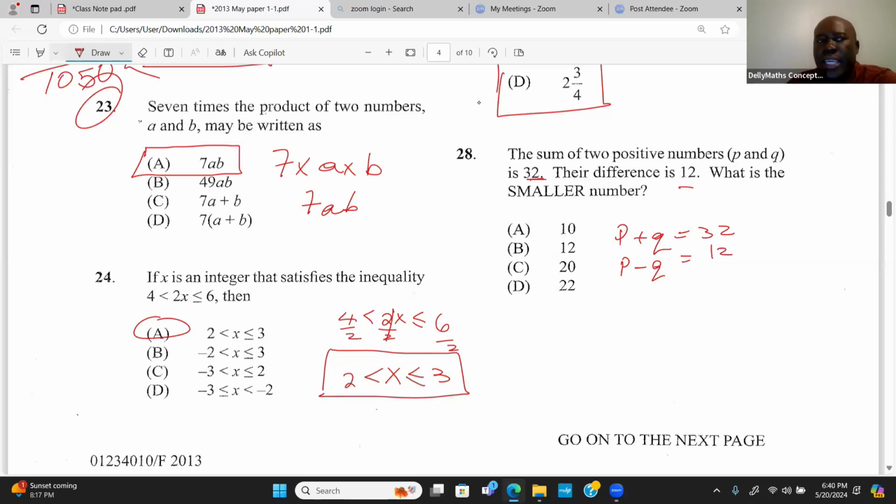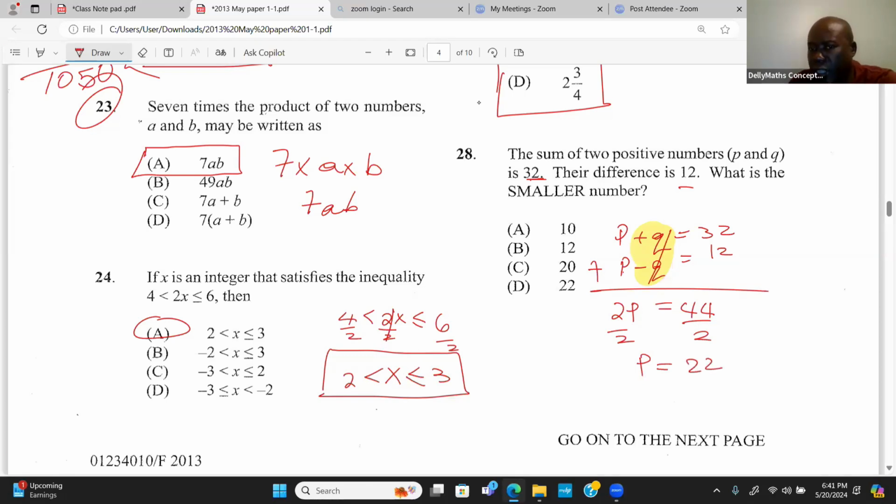So I have a simultaneous equation here. If I just add, because the negative and positive cancel, I'll get 2p. P plus p is 2p. This becomes 0 because it's a negative and positive of itself. This becomes 44. And then I divide by 2. So p is equal to 22.